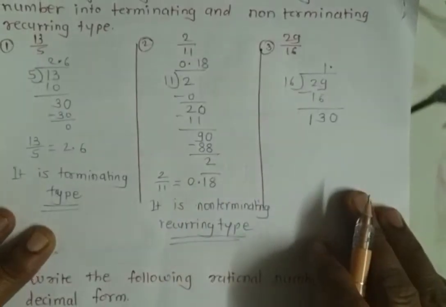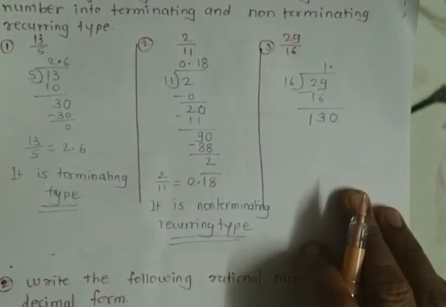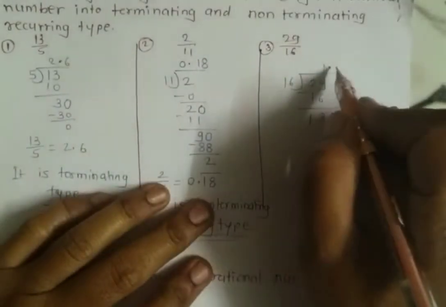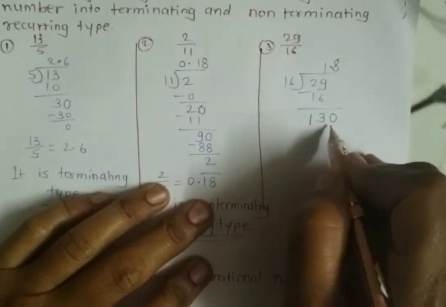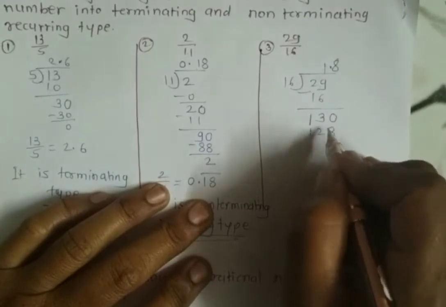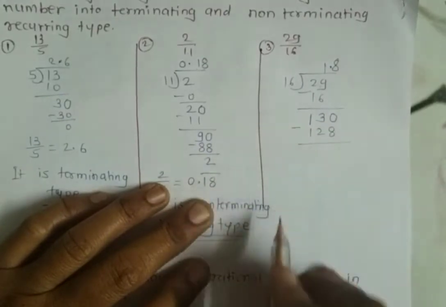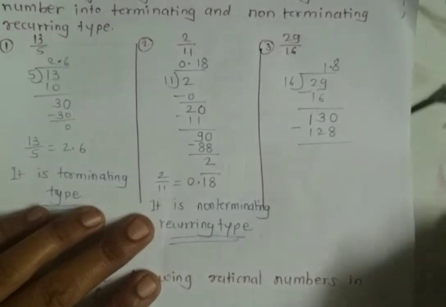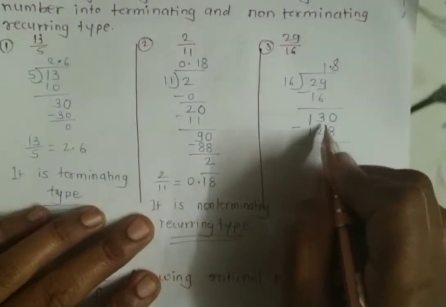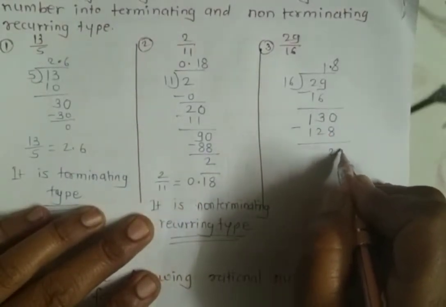Now when we take the table of 16, 16 eights are 128. 130 minus 128 means 2.